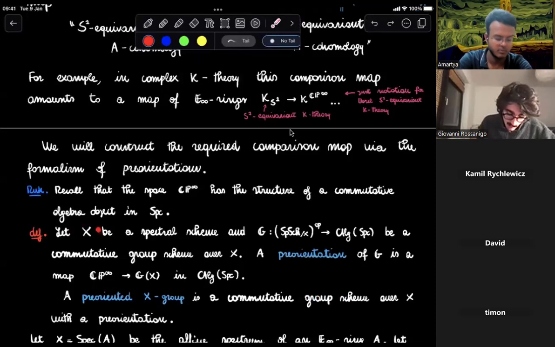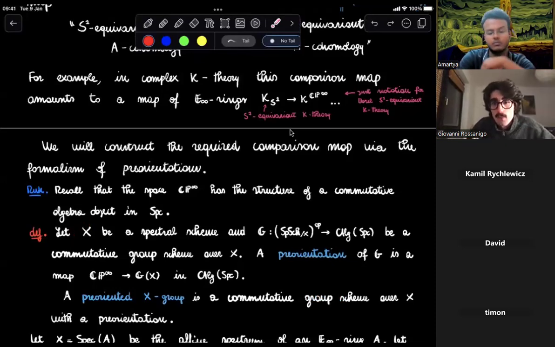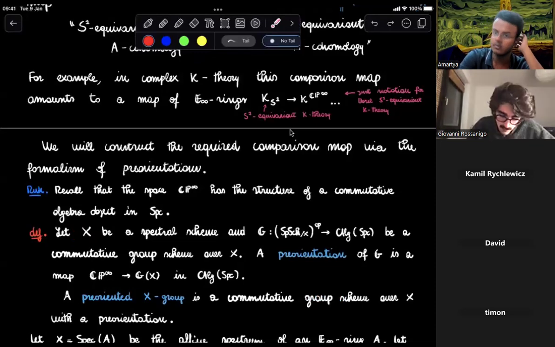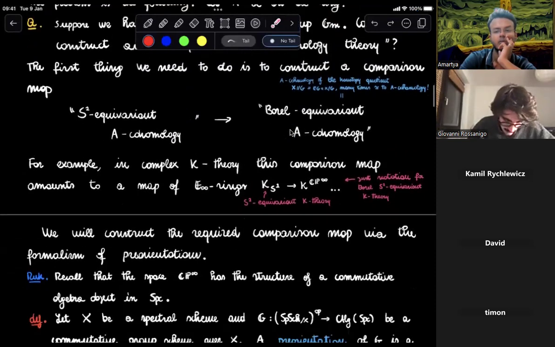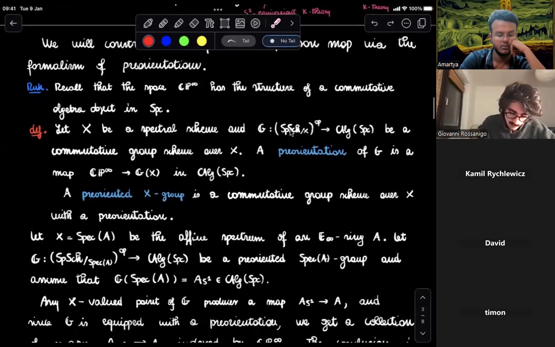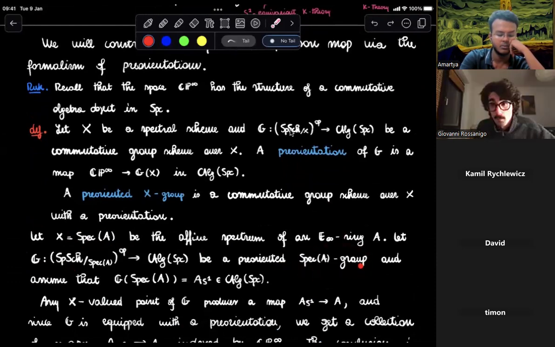This is in full generality, and as I said before, we would like to analyze group pre-orientation, or better, we would like to answer this question in the case where the group scheme is over some affine spectrum. So let me consider the case where X is the affine spectrum of an infinity ring A. Let us pick a pre-oriented Spec A group scheme and assume that the global sections are called A of S1.